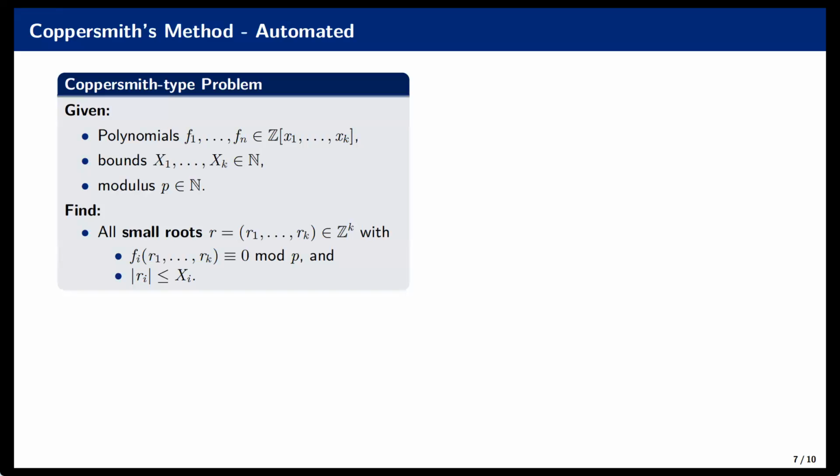That's the main idea, but in most cases you actually don't get this bound. Essentially, you want to find the largest bound that allows for an efficient recovery. That's the case in this work as well. We not only have to find the root, but we also have to find some bounds.